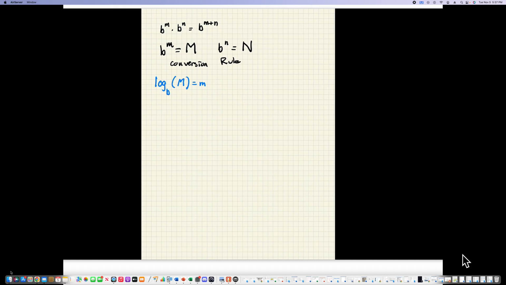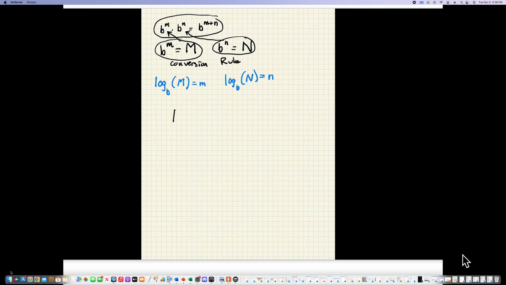Conversion rule over here, log base b of capital N is equal to little n. So now if I grab my rule right here and I start to change that, we are going to replace some of that information there. We're going to take this right here and substitute it there. We're going to take this and substitute it right there.